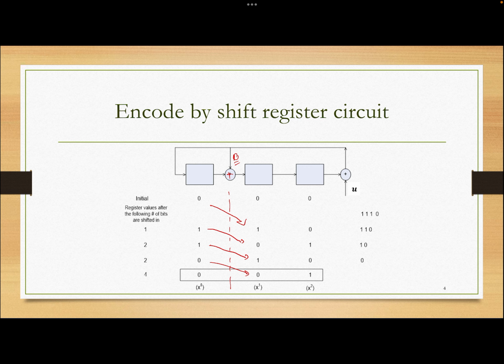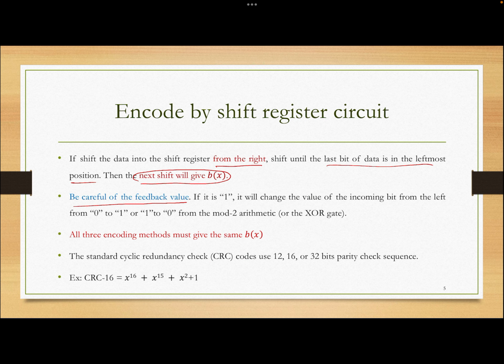So you have to be careful at the line here, because when you cross the boundary with modulo 2 addition, or the XOR gate here, it can change the value. But if you don't have a line like this, no feedback, then it's always the same value when you shift. So please be careful on this.